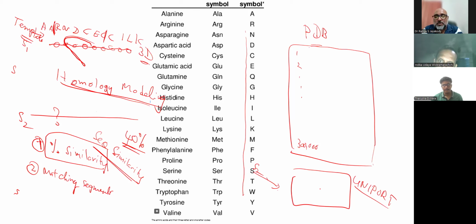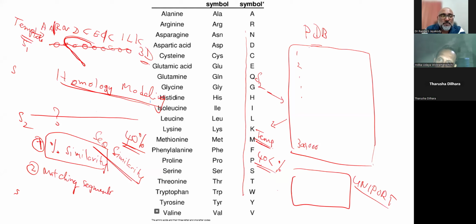You have to use UniProt and then get the template and then check in the PDB whether you have a structure for that template, or you can directly submit your query sequence to the Protein Data Bank, and then what would be your output? Your output is a template that has at least 40% sequence similarity. Now how are you going to do this?